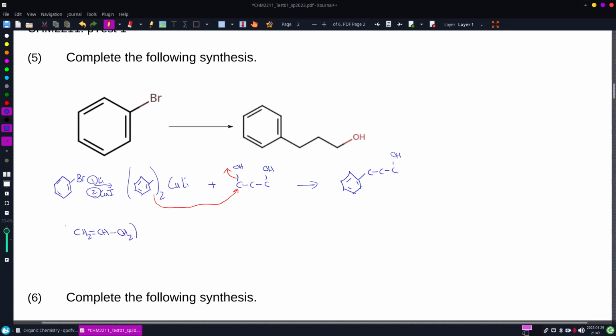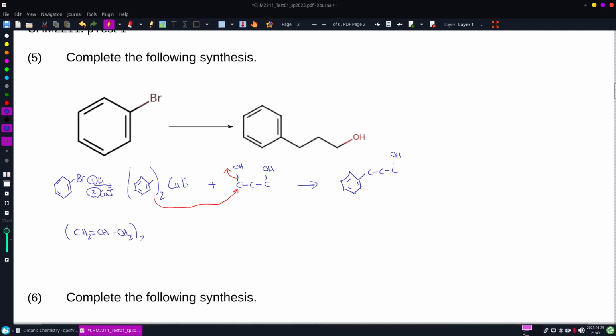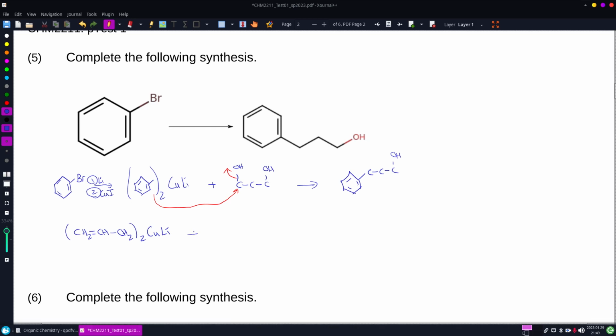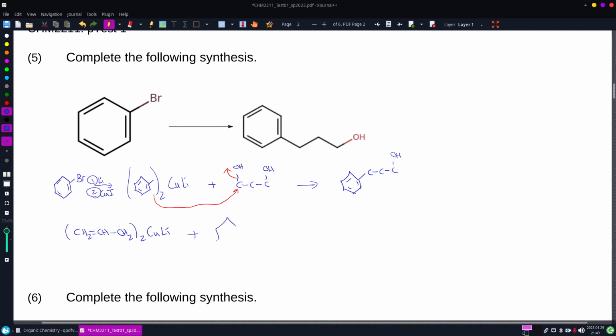and I'm going to start with an organocuprate that has the 3 carbons already on it, and I'll leave a double bond there just so I can eventually add an OH to it. Yeah, and then I'll have this attack my benzene with the bromine.